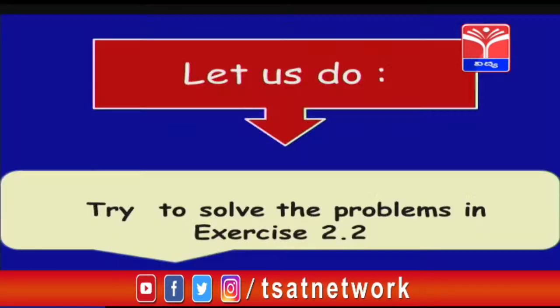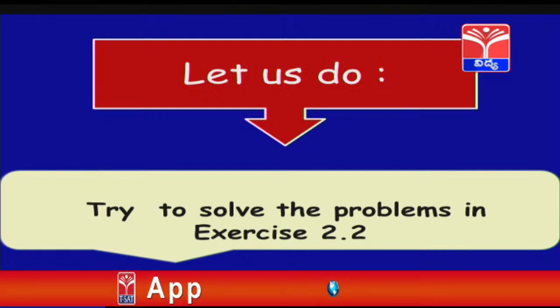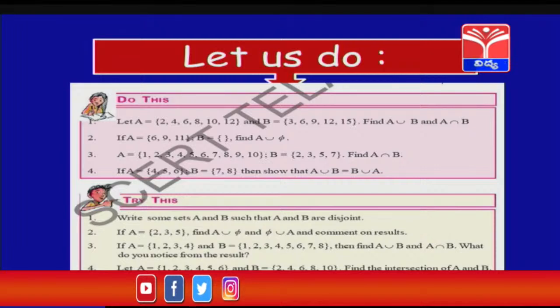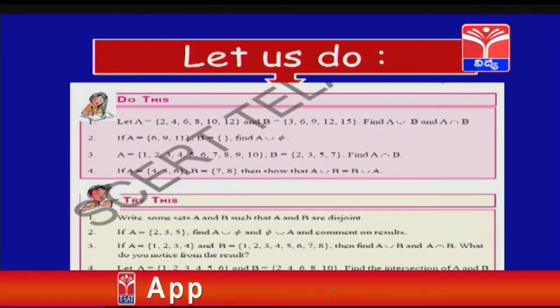After completion of this chapter, you can solve the problems in your Do This, Try This and exercise problems also, and the related problems of operation 2.2. The remaining problems you can solve with the help of your teacher or by discussing with your friends. These are the problems in your textbook. Let us try to solve them.